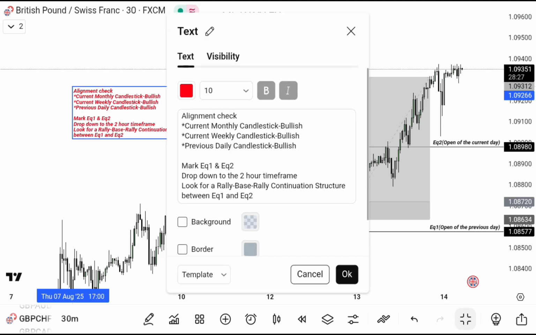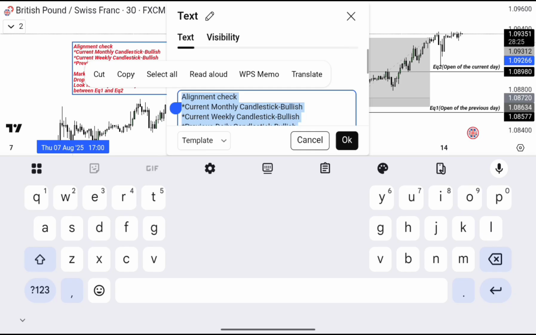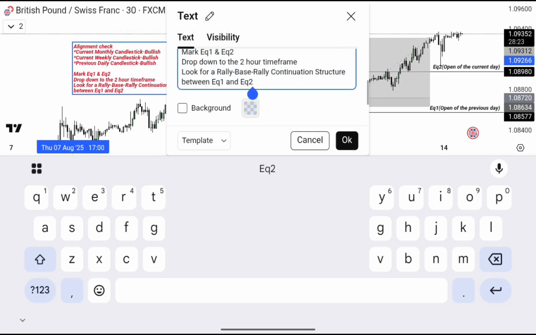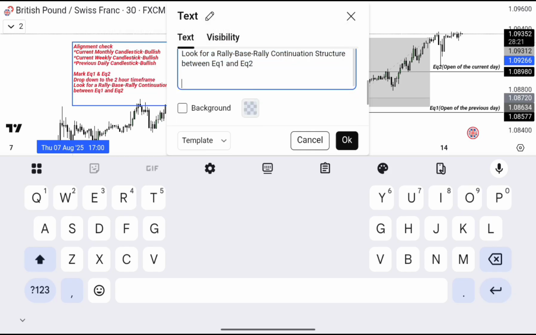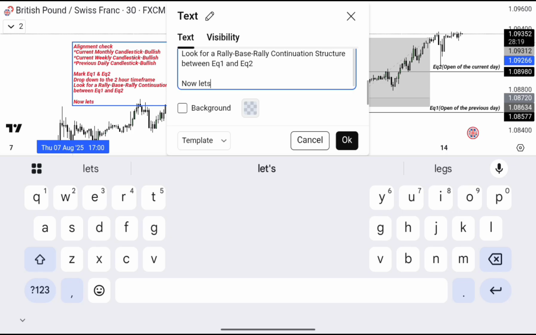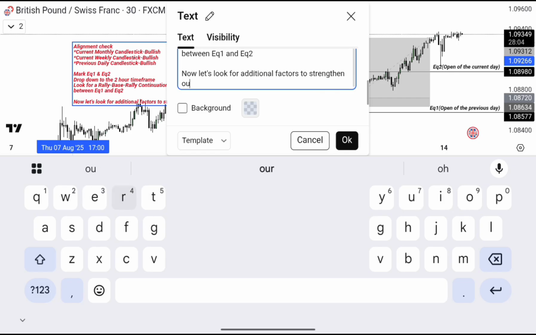Meaning, let's look for confluence. Let's look for reasons why we can trade from that demand zone. Why will we be taking buy trades from that specific area, right? So let's dive right into it.